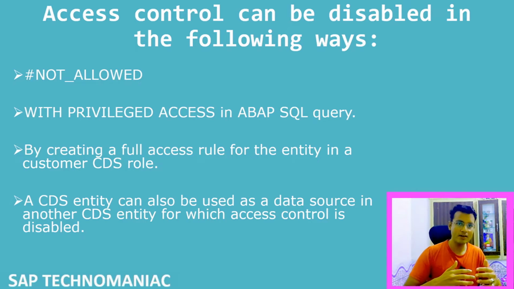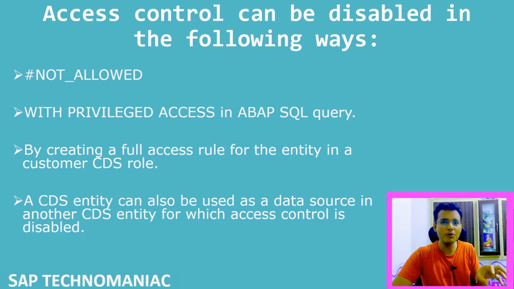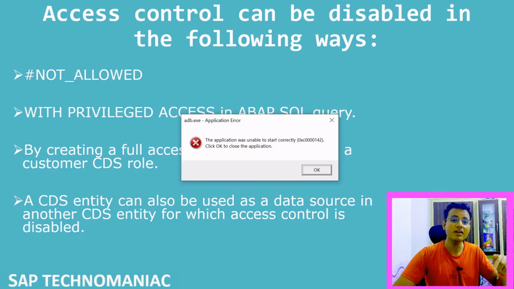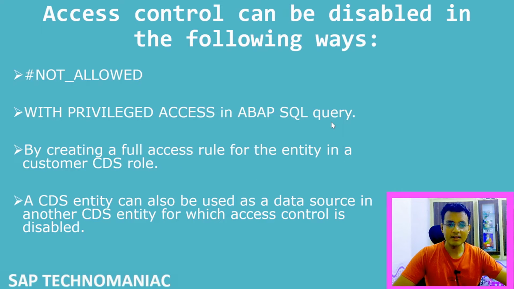For example, I have created one CDS view and given some control on it, and I have used this CDS view in another CDS view. When I access that other CDS view, the controls you put on the underlying CDS view will not be applied. That is a very important thing.